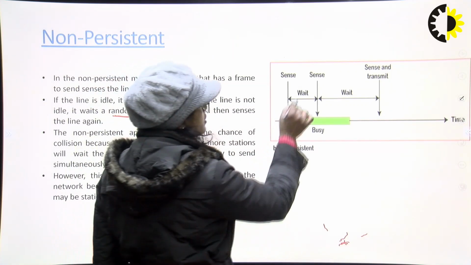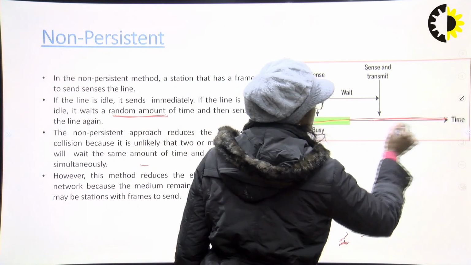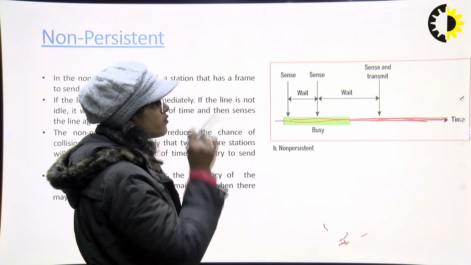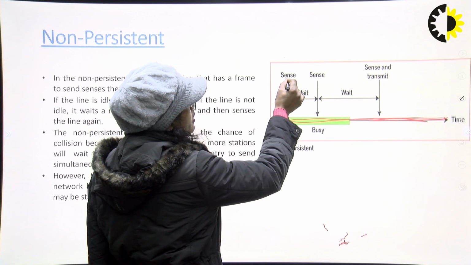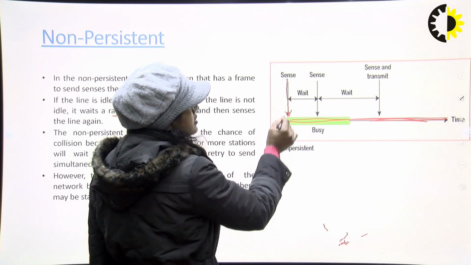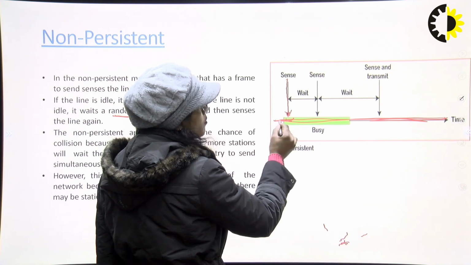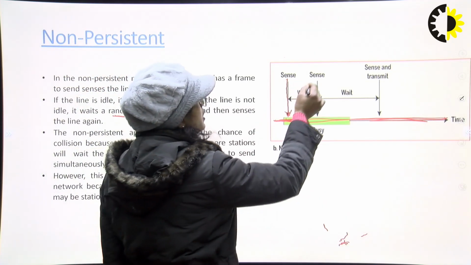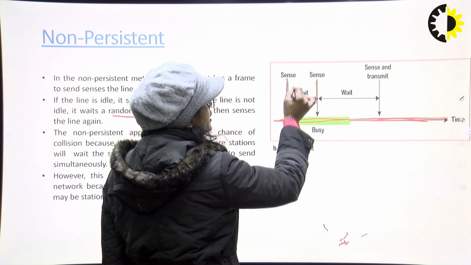As you see here, you have this shared medium, the transmission way through which you are transmitting. When a device attempts the first time, it may find the shared medium already occupied by another device. So the same device attempts again after a particular random time.